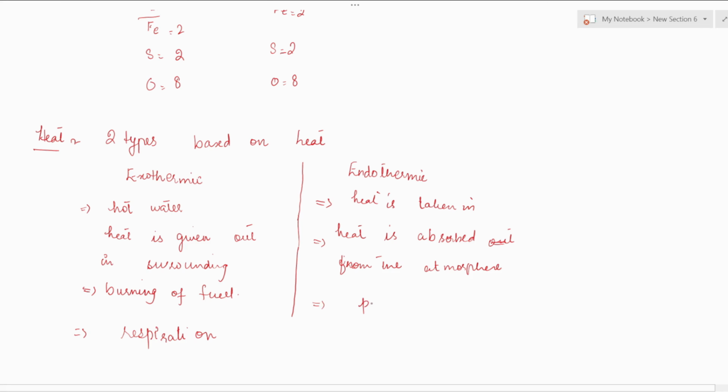Very nice. I wasn't expecting this example from you. Photosynthesis. So generally we see that the shade of trees is cool, right? Why are they cool? Because they have taken the heat of the surroundings. That's why the temperature drops.